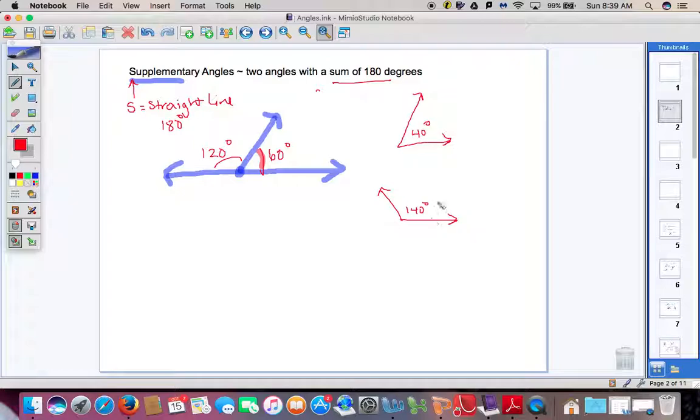Therefore, together these are supplementary angles, because the sum of 40 degrees plus 140 degrees equals 180 degrees. So it's just two angles with a sum of 180 degrees. They can be adjacent angles, but they don't have to be adjacent angles.